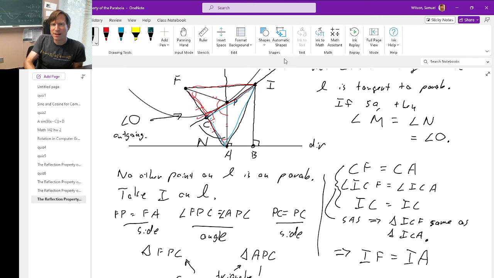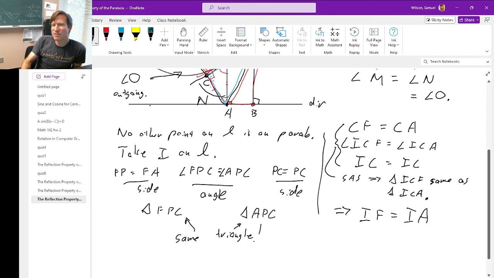Okay, but so we're almost there because, right, to know if the point I is on the parabola, we need to compare the distance from I to F and the distance from I to B. Well, so we know something about the distance from I to F, so let's compare that to the distance from I to B. Well, we know that the distance from I to F is equal to the distance from I to A. But look, we have this right triangle right here, and I to A is the hypotenuse of that right triangle.